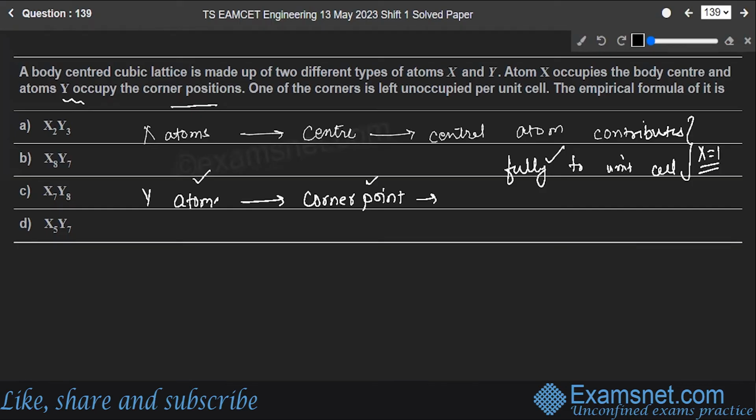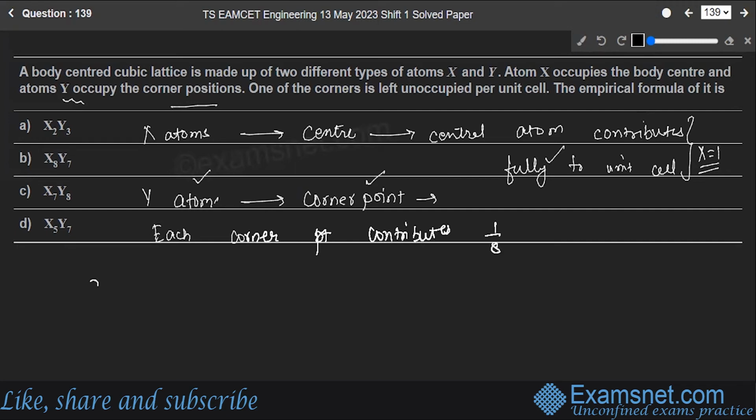Now Y atoms, they are at the corner points, and each corner point contributes 1 by 8.